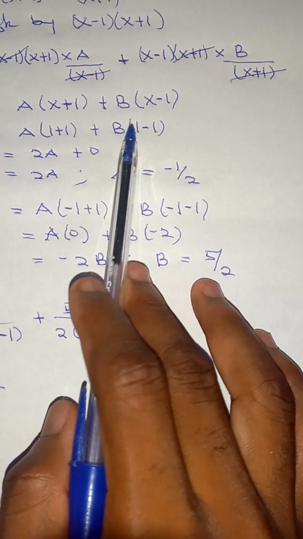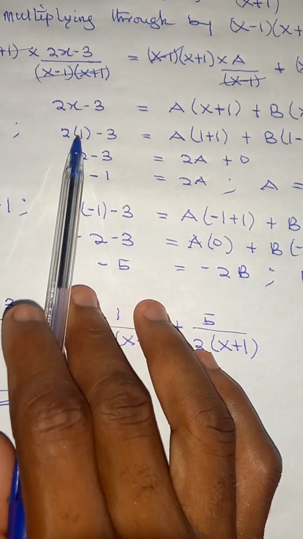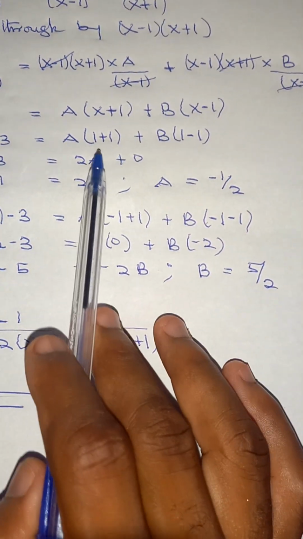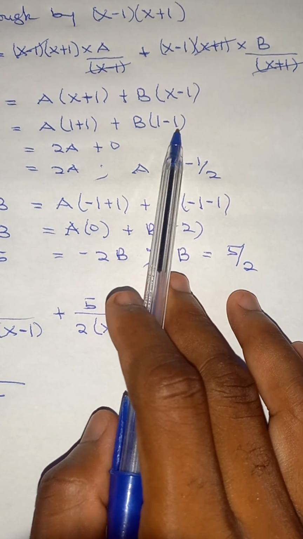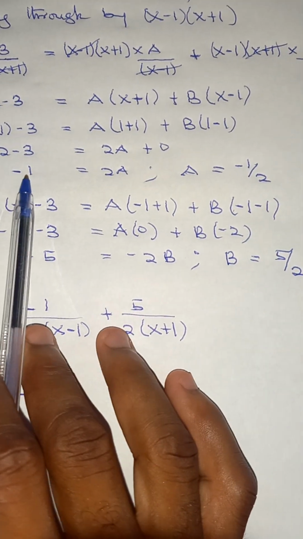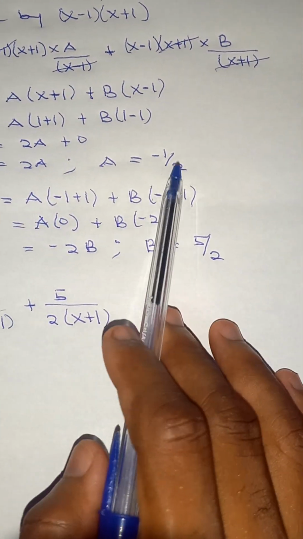But here, I'm going to have 1 minus 1, which will give me 0. Alright? Now 2 times 1 is 2, then minus 3. Then here, 1 plus 1 is 2, so 2 times a is 2a. 1 minus 1 is 0. 0 times b is 0, sorry. So negative 1 is equal to 2a. Dividing both sides by 2, I will get my a to be negative 1 over 2.